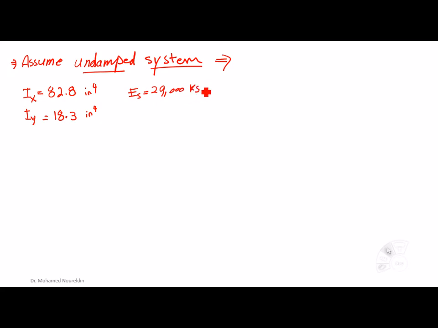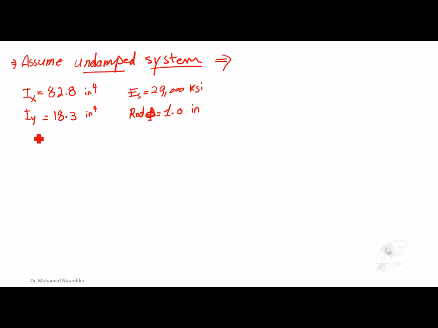These are going to be important numbers for us when we are going to solve. The rod is 1 inch diameter, so this is going to be the diameter of the rod.